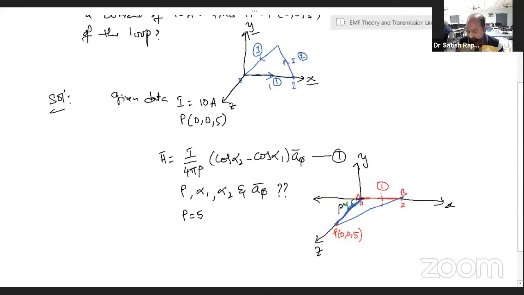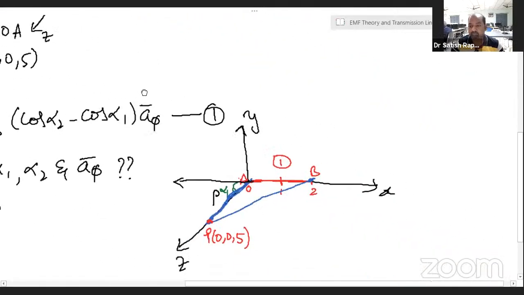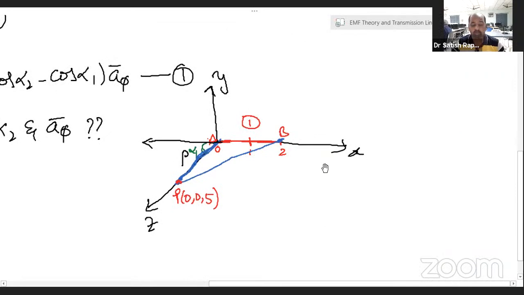Is it clear? So alpha 1 is the angle between the x-axis and the line joining the lower end and point P. And alpha 1 is the outside angle, not the inside angle, the outside angle.